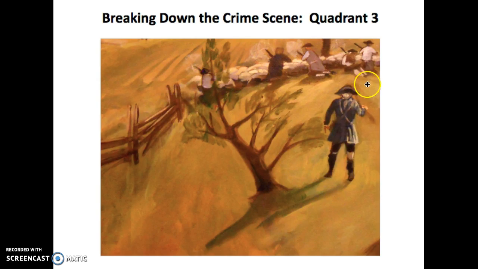Objects would include the stone wall, guns, fences, a tree. These men are all crouching. That would be under my other information. And what other information do you think is necessary? Go ahead and write that down.